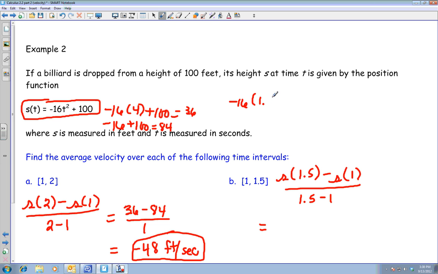But when I plug 1.5 in place of my t, you should get 64. When I plug 1 in, I get 84 again. So I have 64 minus 84 all over 1.5 minus 1, so that gives me 0.5.